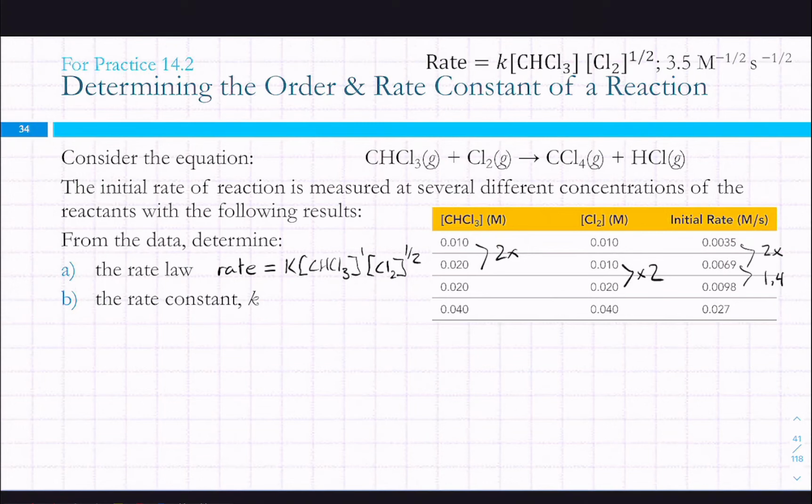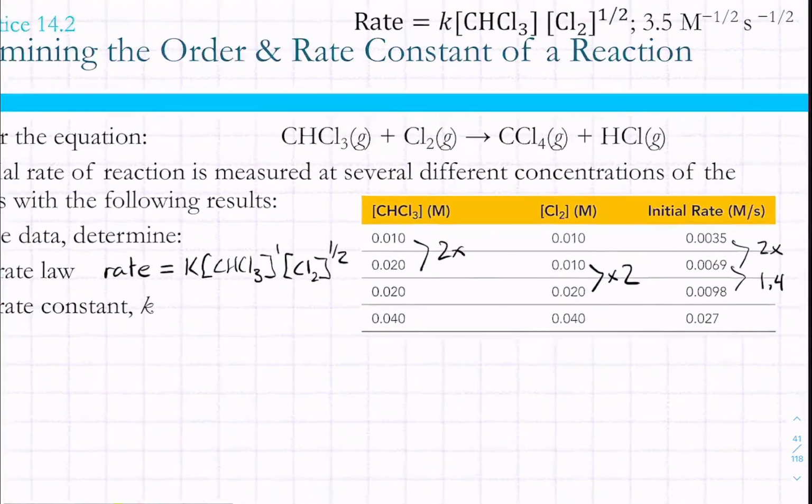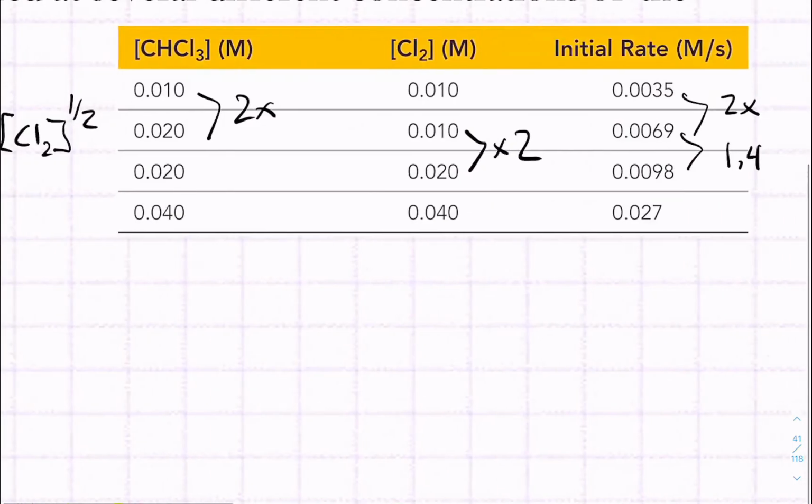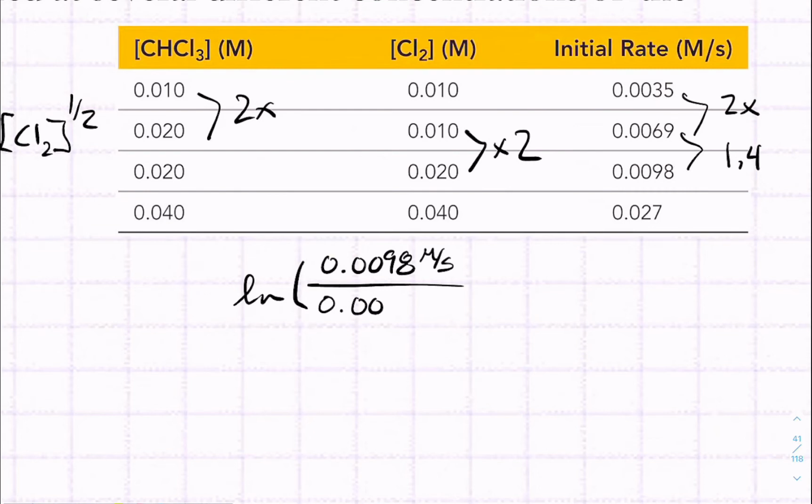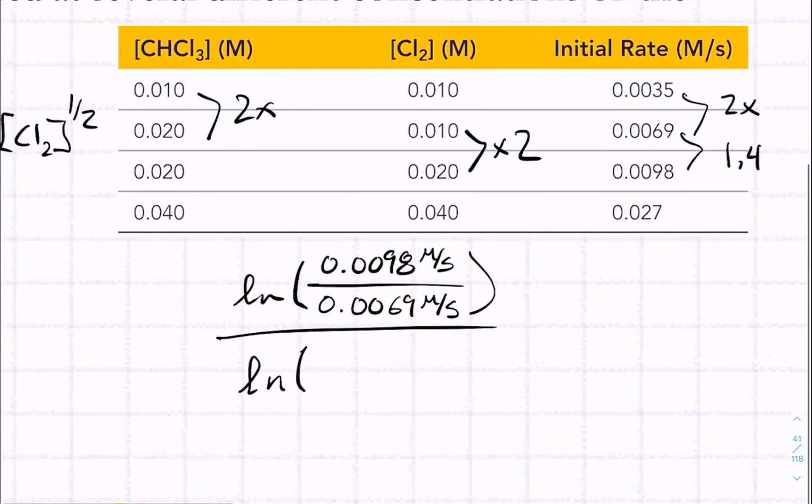The other thing we could do to figure out the reaction order for chlorine, although I think it's going to give us about the same thing, is we could take the natural log. This is from that equation that I derived earlier. So this will be our rate 2, so 0.0098 molar per second divided by 0.0069. I think this is going to give us a better result actually. And then divide that by the natural log of the concentration 2, so 0.020 molar over 0.010 molar.